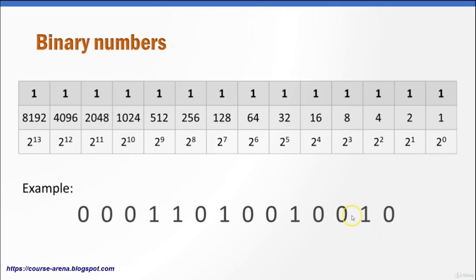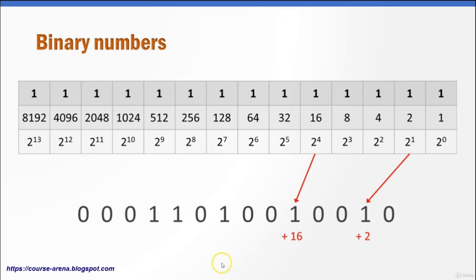So this 1 has a value of 2 because that's its place in this table. And then the next one has a value of 16. So this is 2, and we're going to add that to this 16, so that's 18.